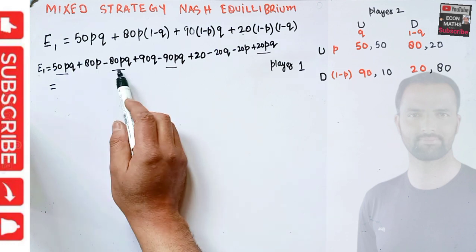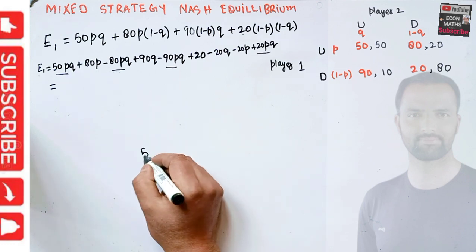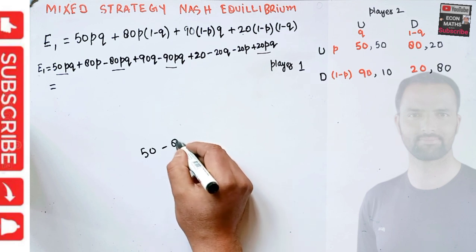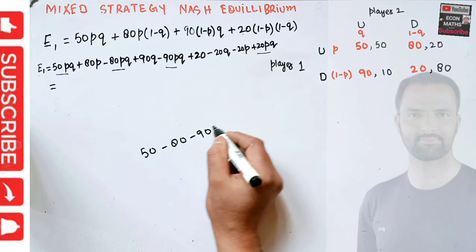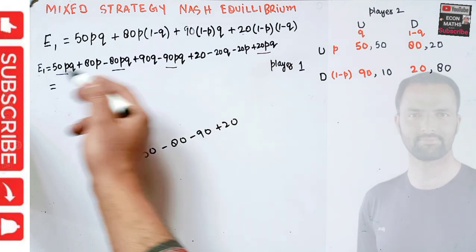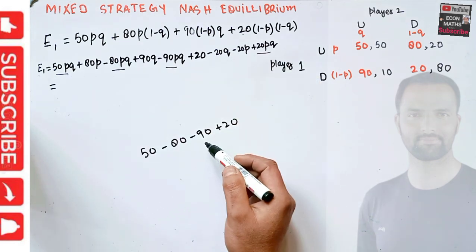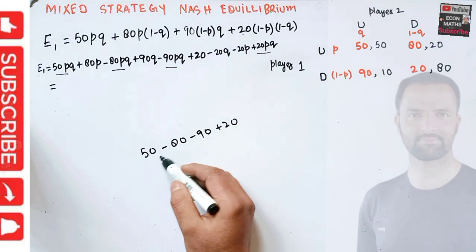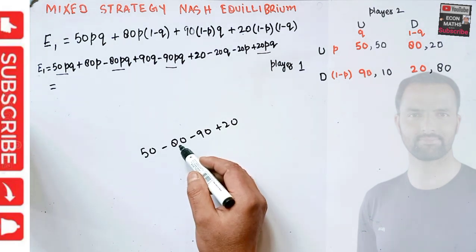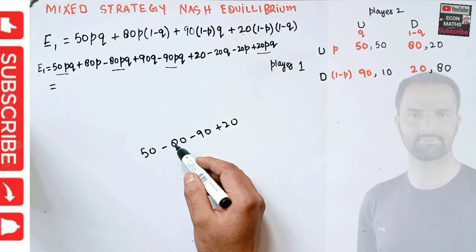So we have 50 minus 80 minus 90 plus 20, because these are like terms, we can add or subtract them. Now what will it come out to be? 50 minus 80 comes out to be minus 30.